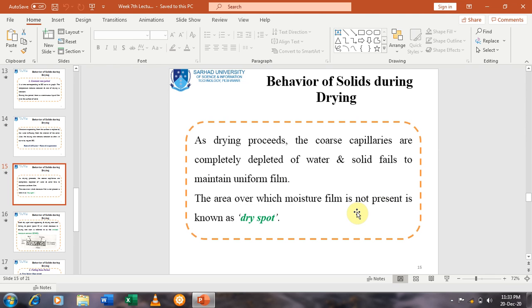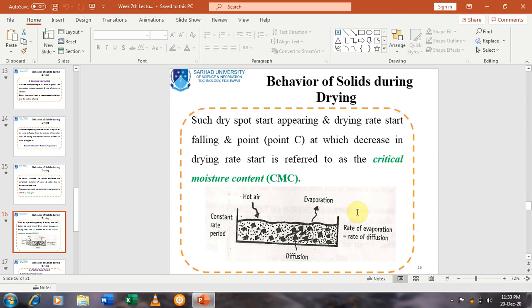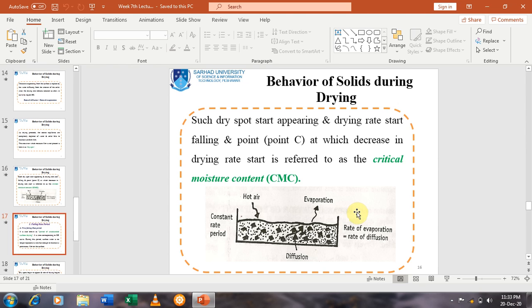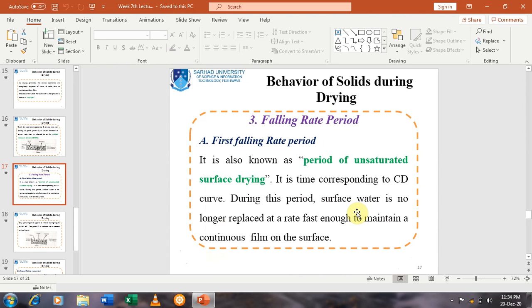These areas are termed as dry spots. At one stage, the rate of evaporation becomes equal to the rate of diffusion. After that, beyond the critical moisture content, the drying rate starts falling, and it is subdivided into two phases.